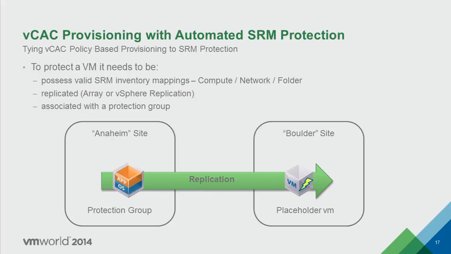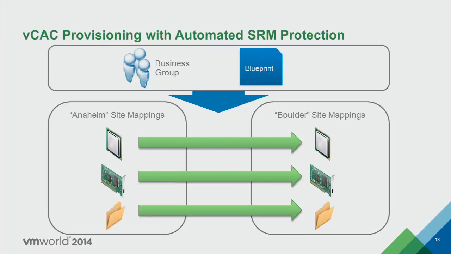So in the example that we're going to demonstrate today, we're actually going to show how you can control the provisioning of a VM onto a replicated data store that's associated with a protection group. So the example is going to be array-based replication and how we control that. And this then leads to a VM being replicated over to the other site and then configured for protection with SRM, and the inventory mappings that we talked about before.